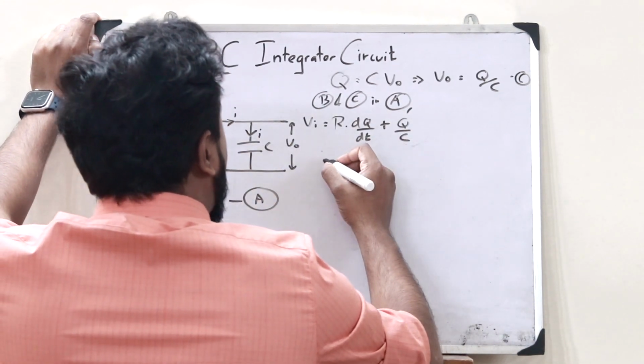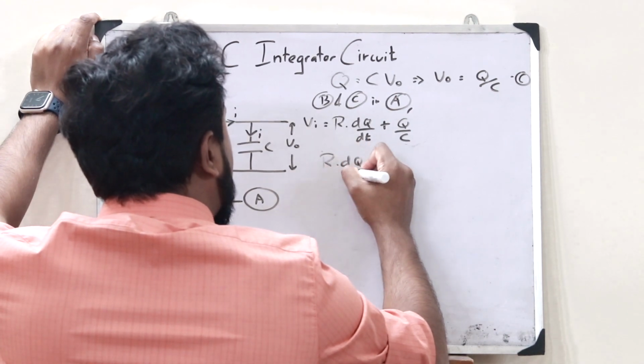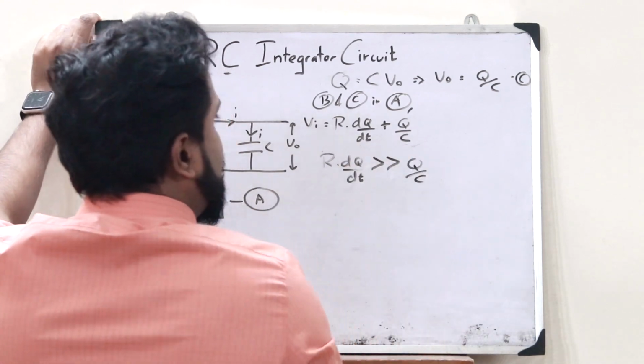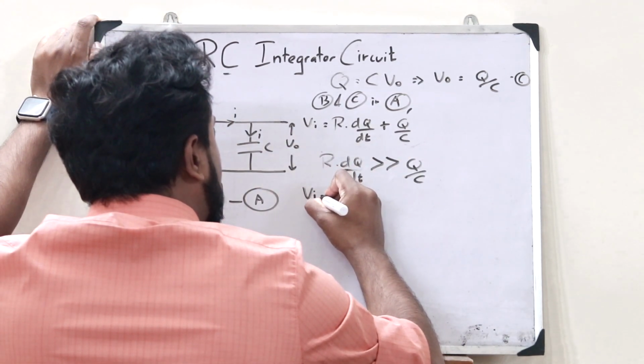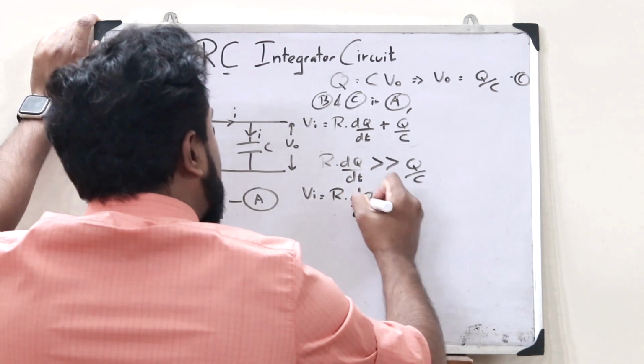Therefore, since R and C are very large, R times dq by dt is very much greater than Q by C. And therefore Vi becomes equal to R times dq by dt.